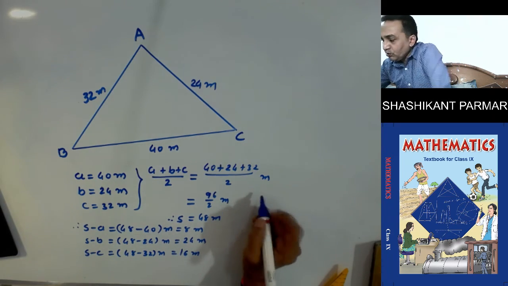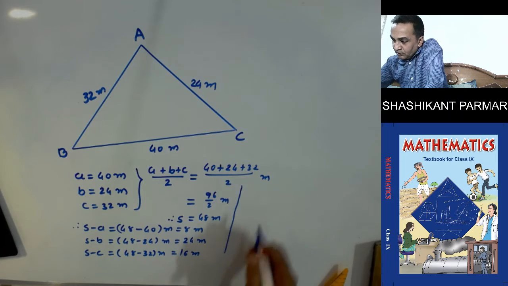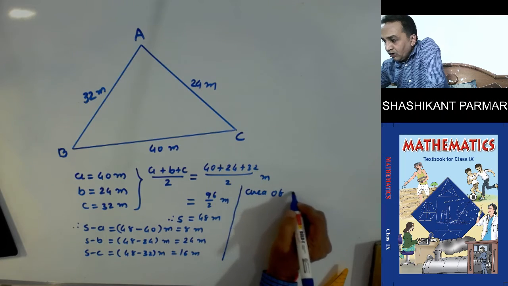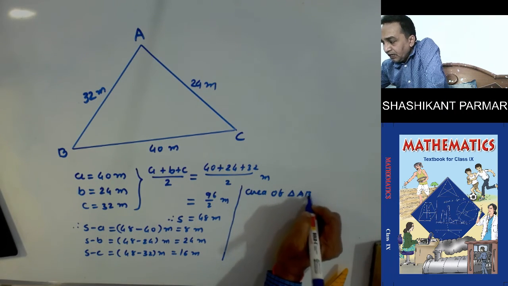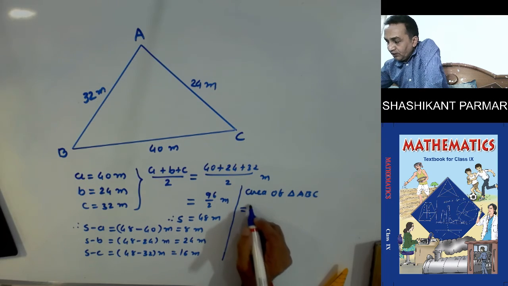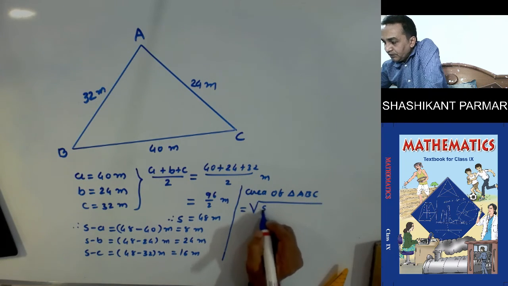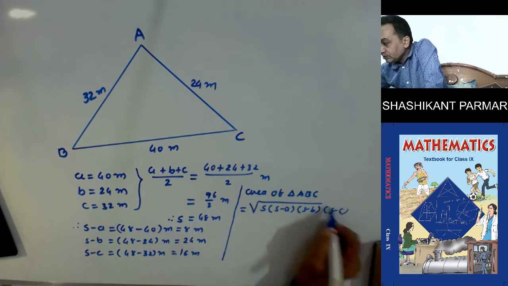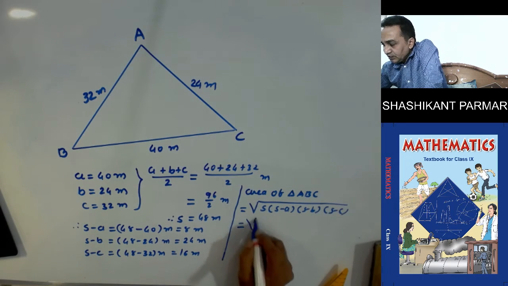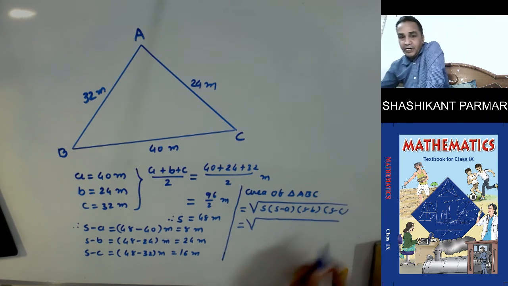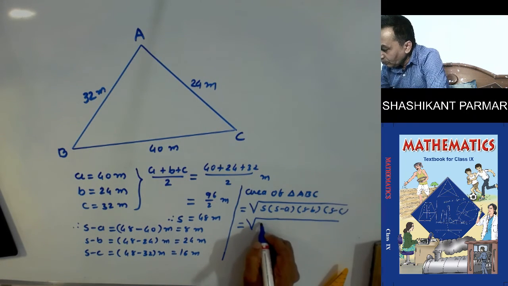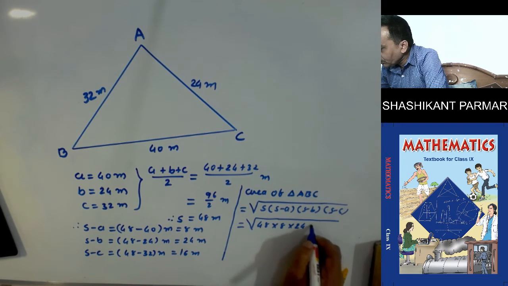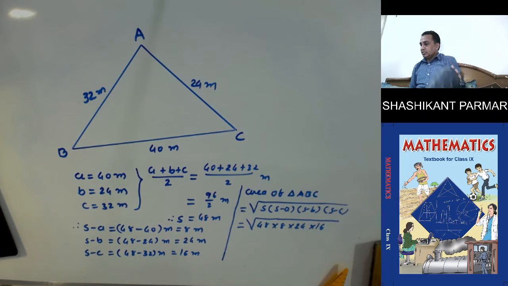So now the area of triangle ABC is equal to root of s into (s minus a) into (s minus b) into (s minus c). So it is equal to root of 48 into 8 into 24 into 16.